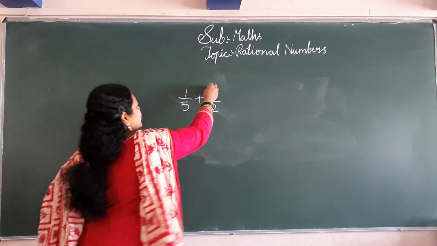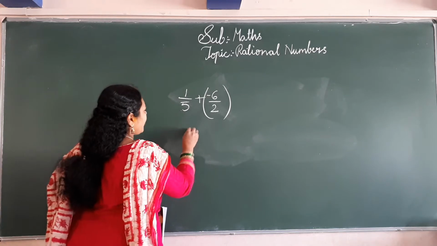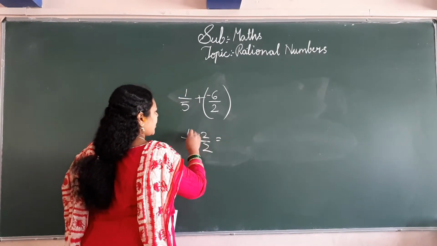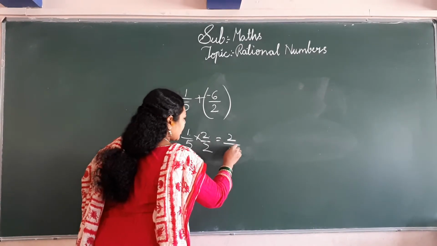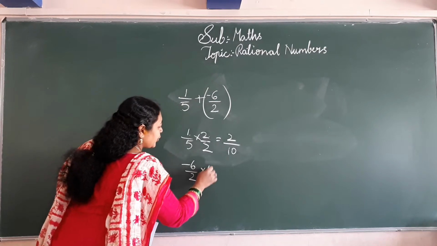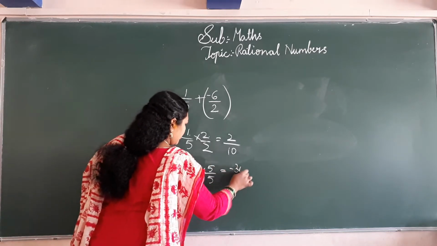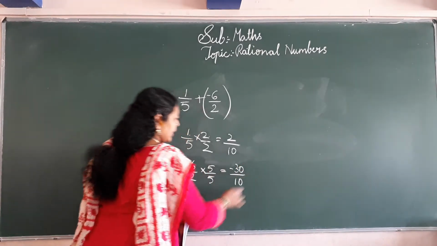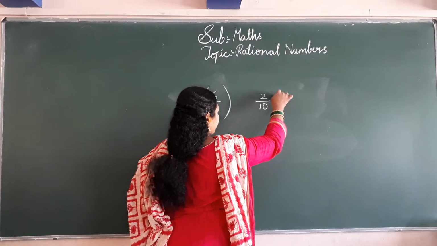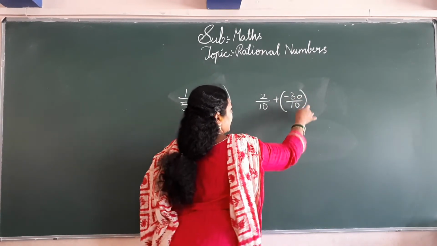Now take the LCM form. 1 by 5 into 2 by 2, that is 2 by 10. Minus 6 by 2 into 5 by 5, minus 30 by 10. Take 2 by 10 plus minus 30 by 10.